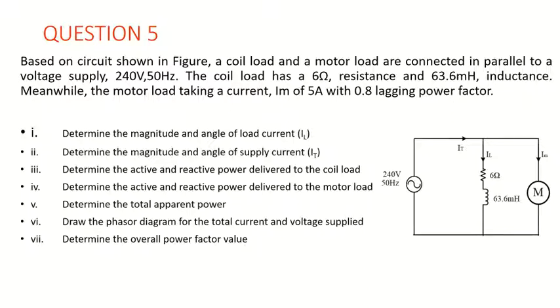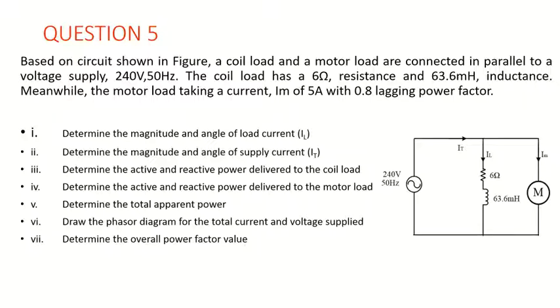Meanwhile, the motor load takes a current IM of 5 ampere with 0.8 lagging power factor. This is all the information given for this circuit.